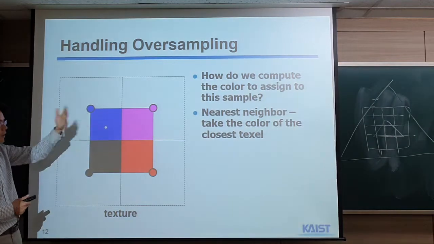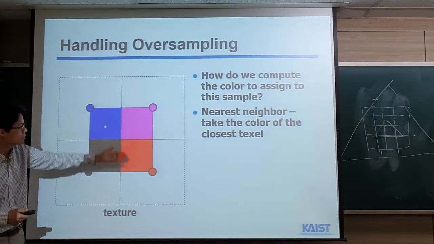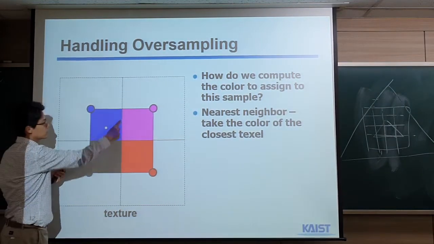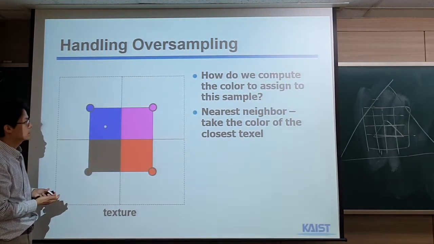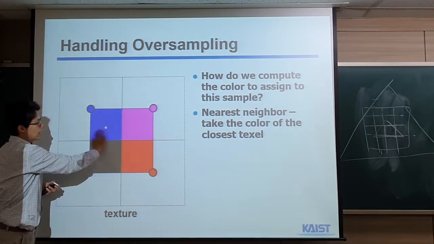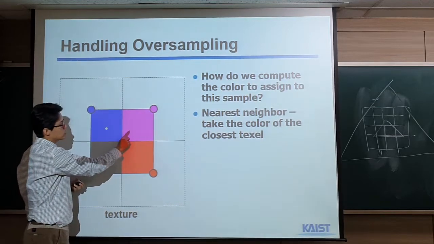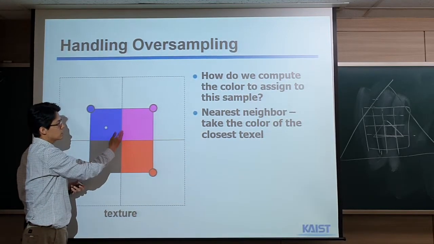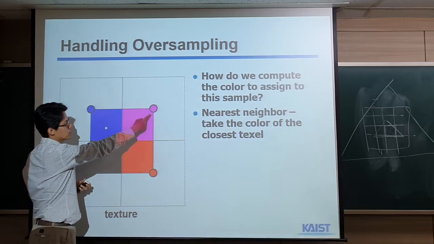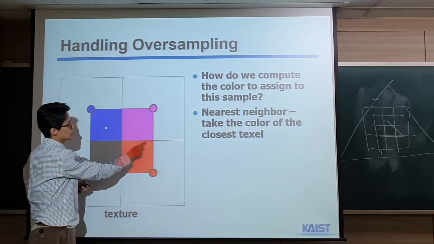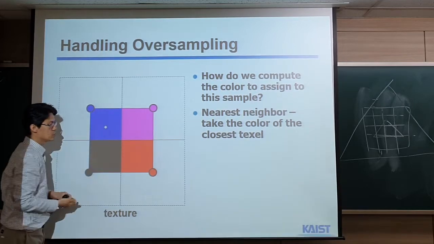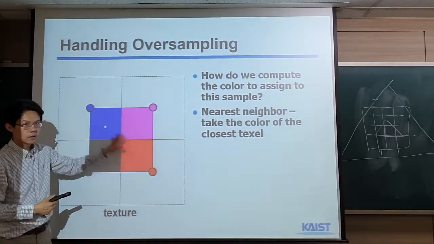If I visualize all the other regions, for this region, this texel is the nearest neighbor, so we should use this color. But when you approach this boundary, we suddenly see that its nearest neighbor texel is this one, right? So for that region, we use this color.